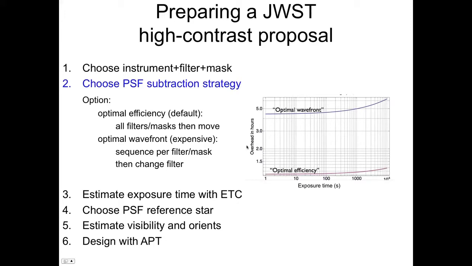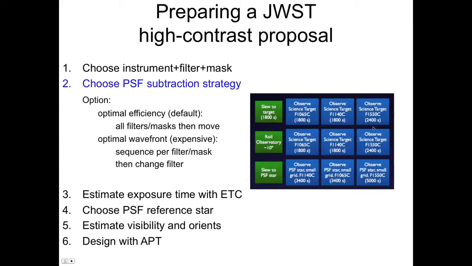And because it is not known before flight what the wavefront drift of the observatory will be, it is not recommended to use the optimal wavefront option, because your wavefront might be very stable, maybe not, who knows. But if you want to go with the optimal wavefront in your proposal, it will have to be extremely well justified.